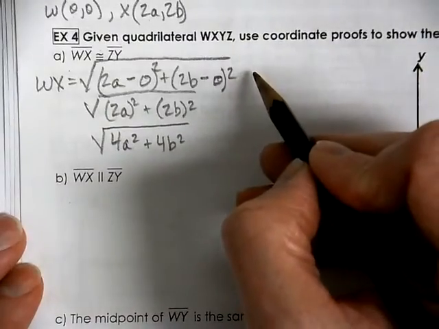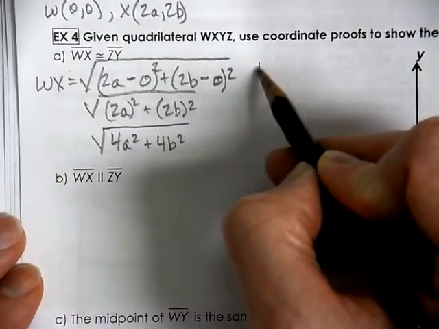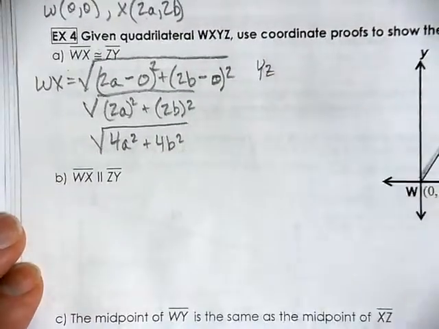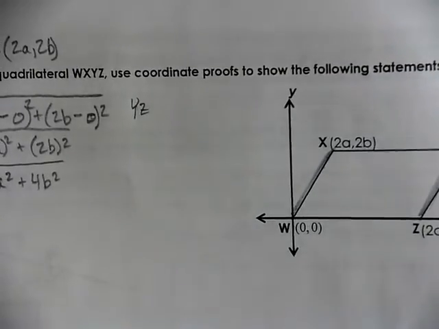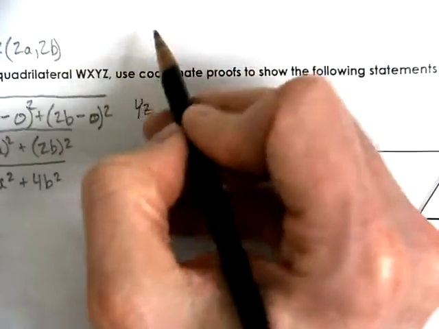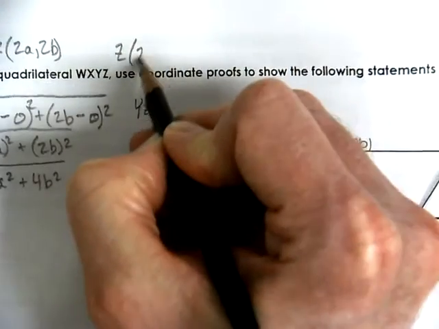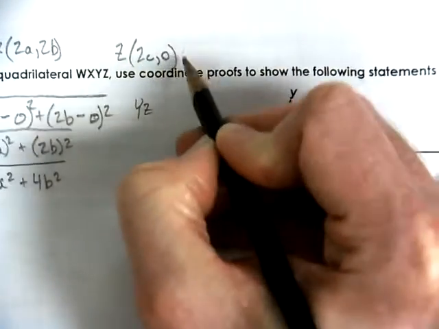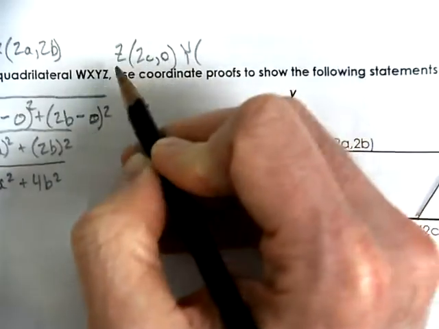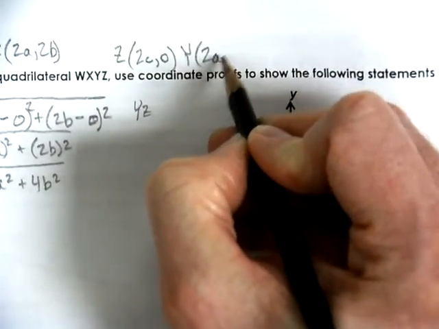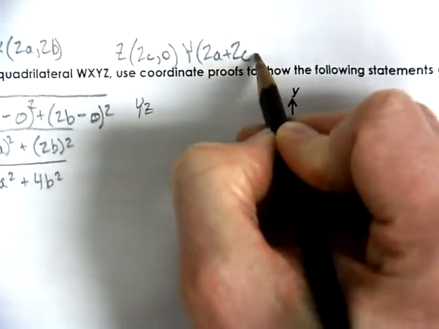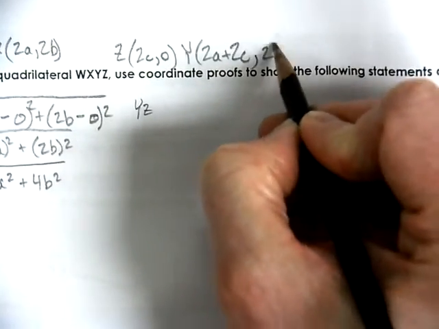So now we have to compare that with YZ. Well, Z is at 2C, 0, and Y is at 2A plus 2C, 2B.